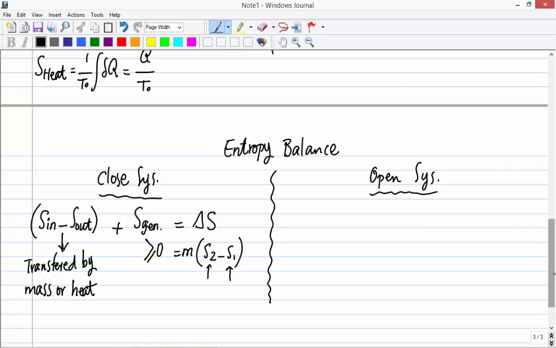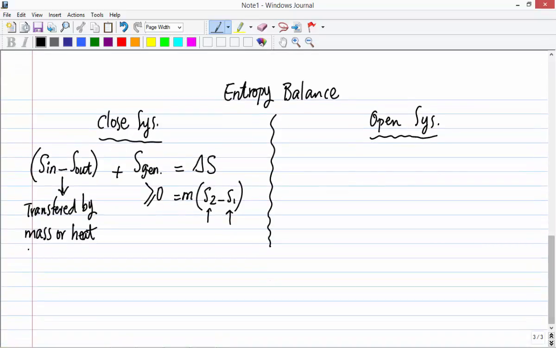And if I break this parenthesis into two parts, mass and heat, and assuming that I have an isothermal process, so once again, for an isothermal process, please pay attention to this.